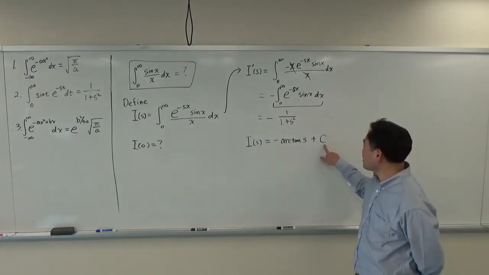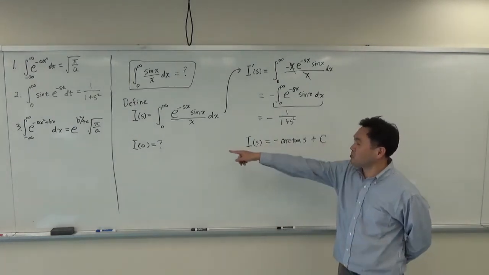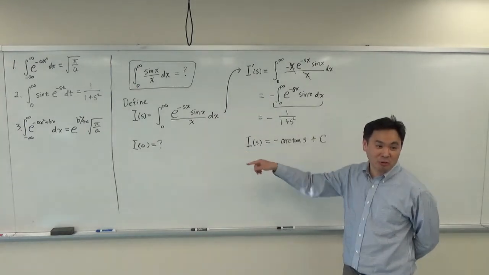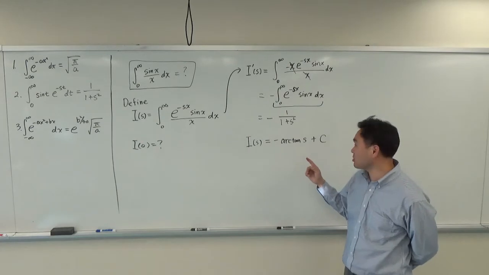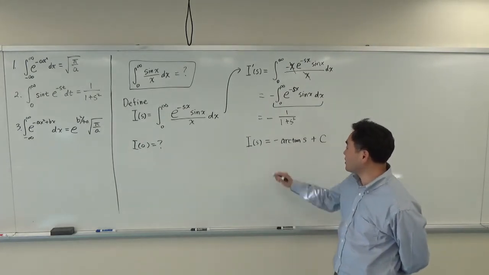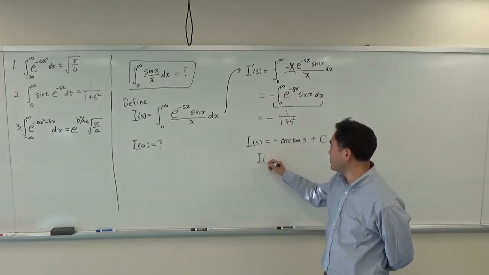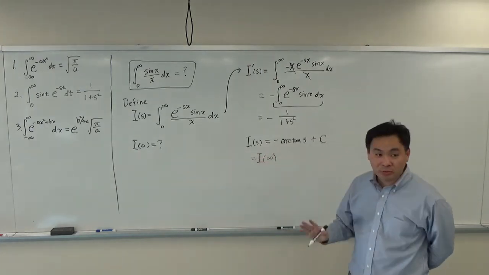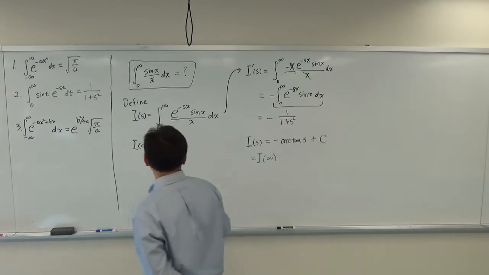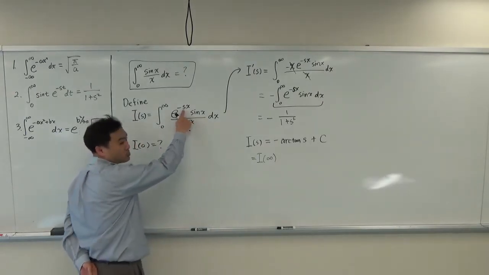Usually you figure out this unknown c by plugging in 0, but we're looking for I of 0, so that's not something that we can do. So instead you have to figure out something else. So instead what I want to say is that I of infinity should be some value. Okay. So first of all, what happens if I plug in infinity into s?